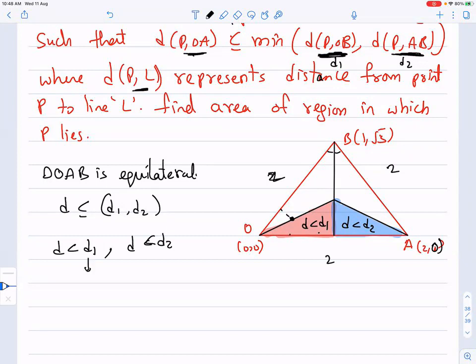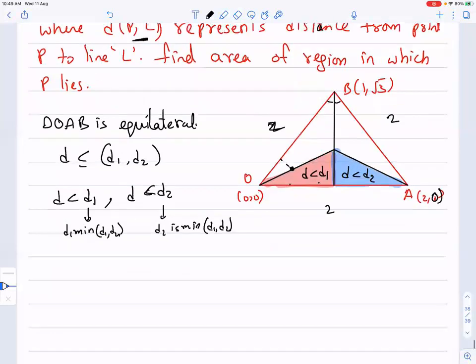Here, in this case, D1 is minimum. In this case, D2 is minimum. Correct? Na? Of D1, D2. Correct? Na? Now, addition of these two areas is what? If this is an equilateral triangle, A wala area is 1/3 of the total area.